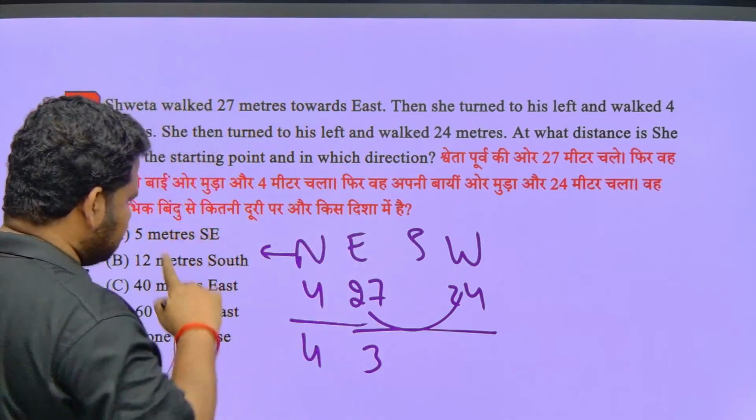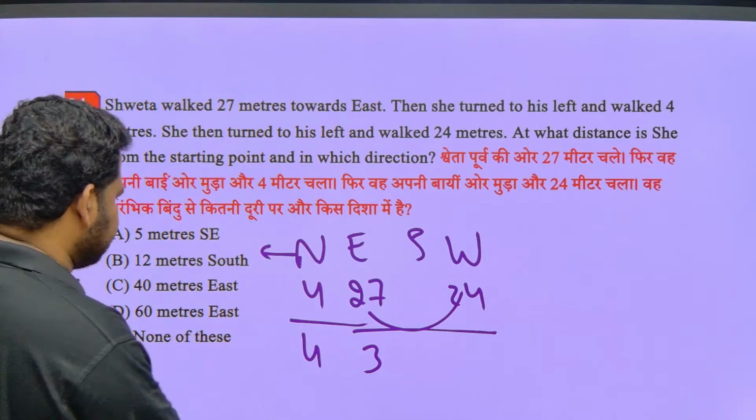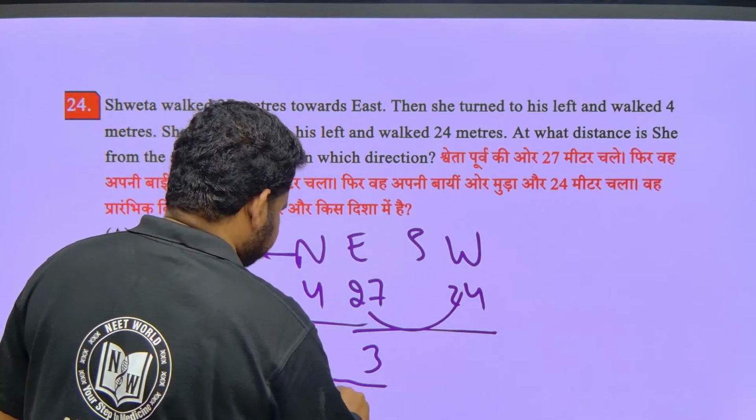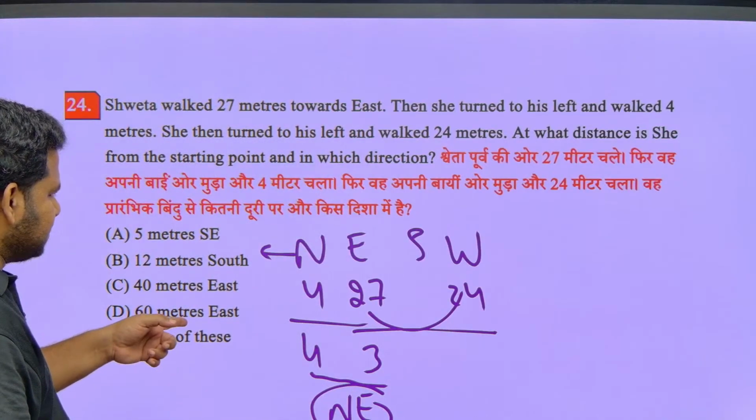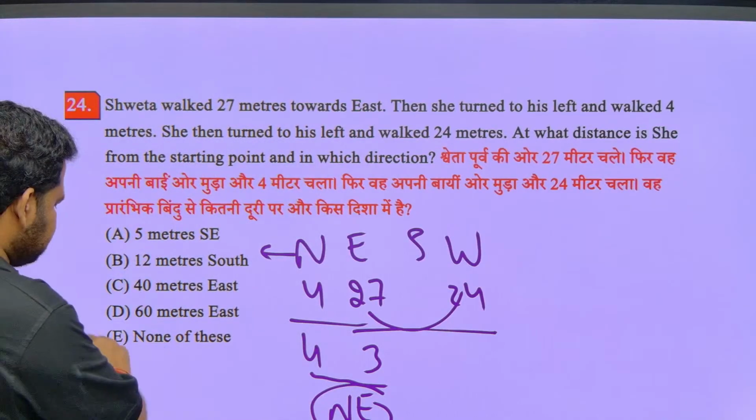Under this logic, the direction I am having is northeast. In any option, is there a northeast direction? Actually, there is no option having northeast. The answer is none of these.